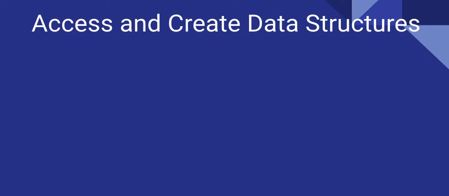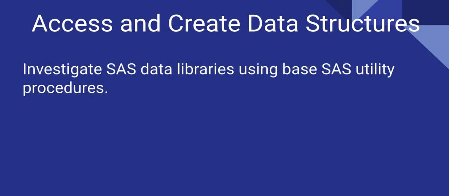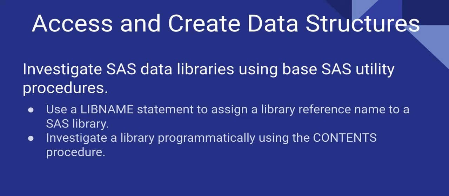In this subsection of access and create data structures, we're going to talk about investigating SAS data libraries using base SAS utility procedures, namely for now the contents procedure. We'll also talk about using a Libname statement to assign a library reference name to a SAS library. We actually talked about that a little bit in the previous section, and we'll also investigate a library programmatically using the contents procedure.